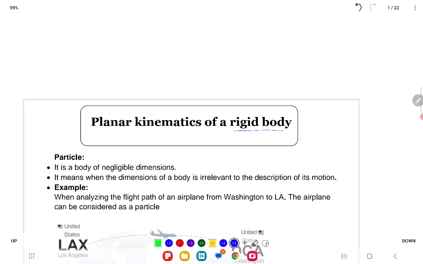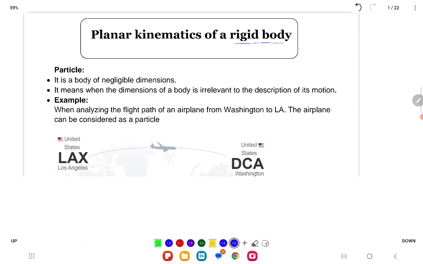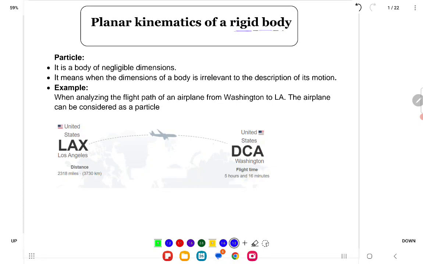For example, if we study the aeroplane flying from one state to another, following and tracing the path and discussing the kinematics of the aeroplane path only, in this case we can consider the aeroplane as a particle.